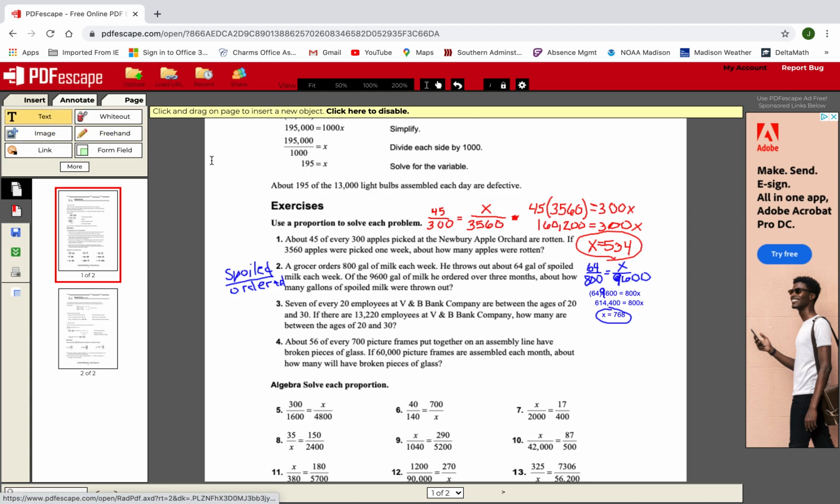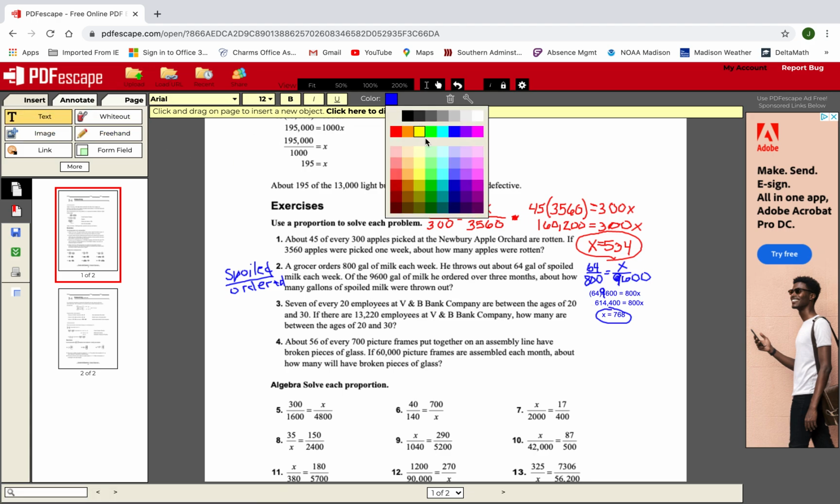Okay, I gotta change colors anyway. Okay, it's going to start reading number 3. 7 of every 20 employees are between the ages of 20 and 30. If there are 13,220 employees, how many are between the ages of 20 and 30?